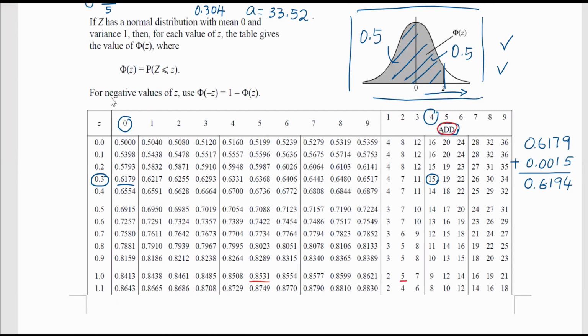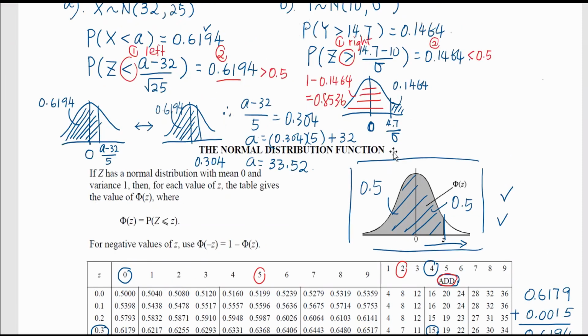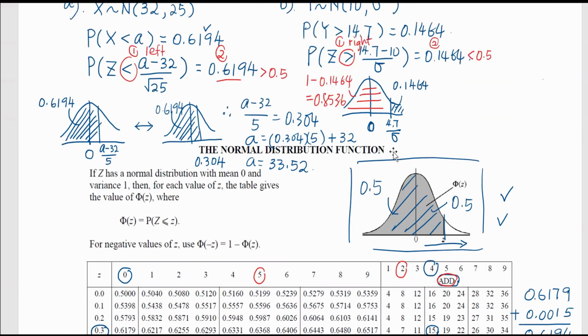Hence, the corresponding z-score value will be 1.05 and 2. All right. So don't forget about the 1.0 here. The z-score 1.052. Okay, so we have found it, 1.052.